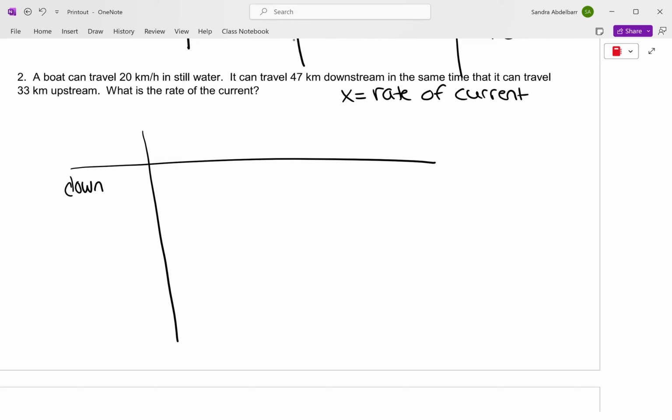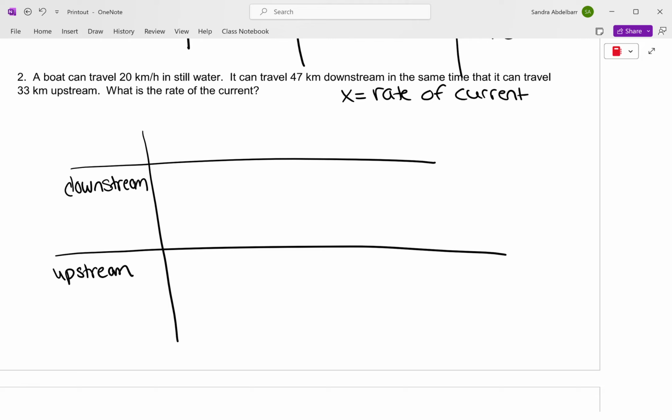All right, so what are we going to do? I'm going to set up my chart. We have downstream and upstream. We have the distance.